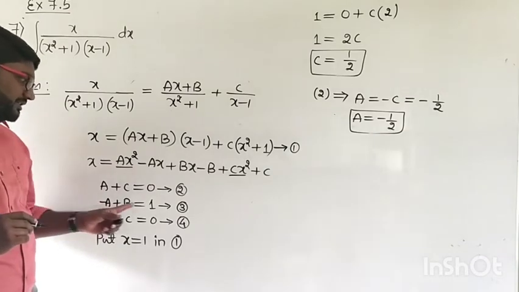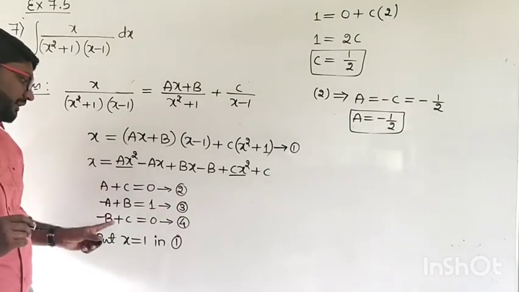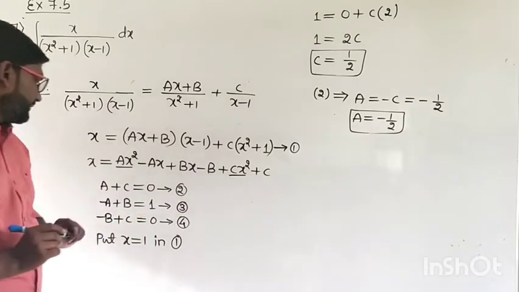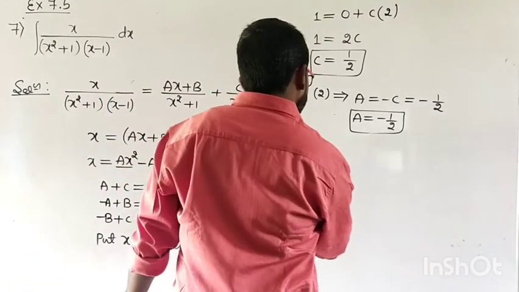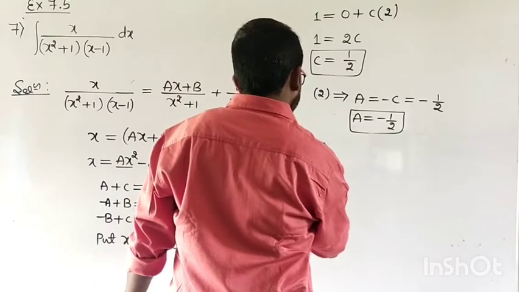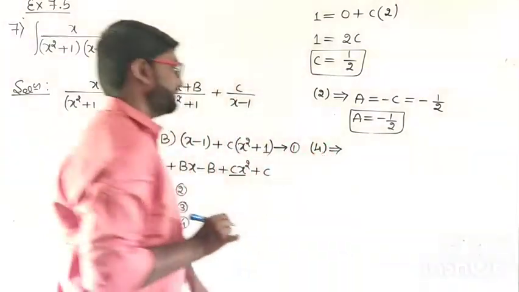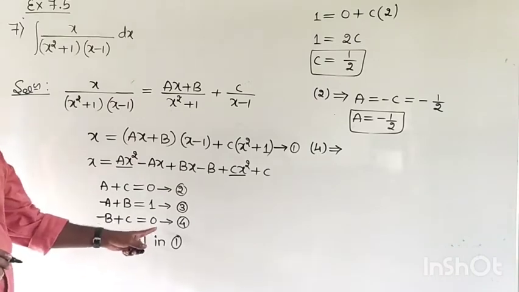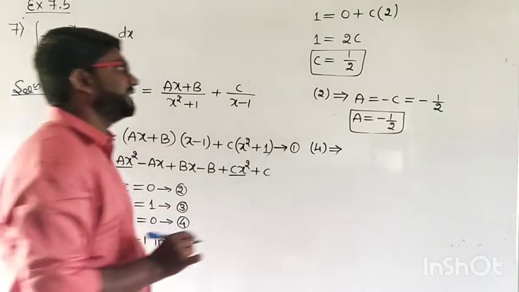So take equation 3 or equation 4. From both the equations we get the value of b. So see here, from equation 4 I take minus b to the RHS, it becomes plus b. So c equal to b, or b equal to c.